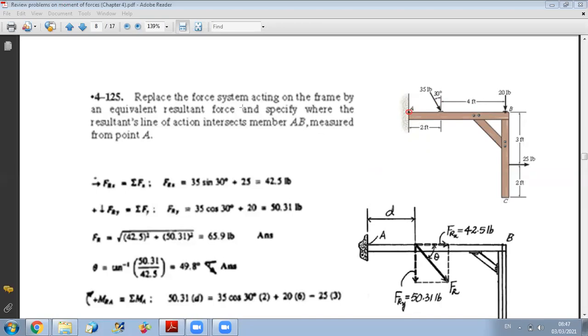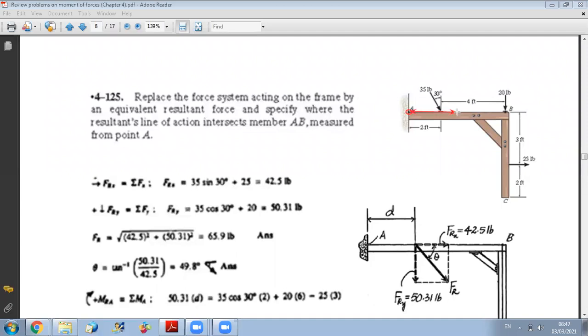Then they want me to specify where the resultant line of action intersects member AB measured from point A. So they mean if I want to have just a single force, I want to displace it on AB. I want to find what should be the distance that I should move my resultant force on AB in order to get an equivalent system.